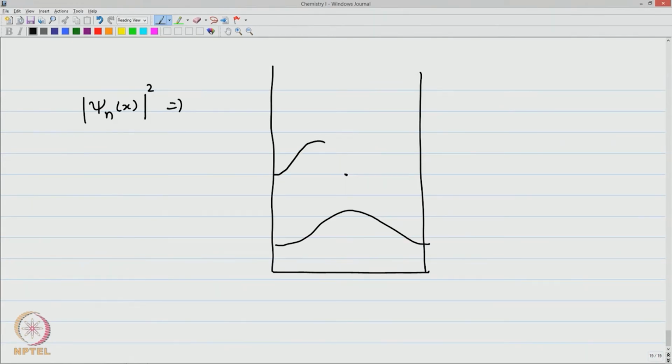So, the square of the function gave something like that, 2 nodes. So, there is one maximum, another maximum here, there is one more maximum here, and this is for n equal to 2, and for n equal to 3, of course, you will have 3 of these, and for n equal to 4 you will have 4 of these, and so on. The problem asks you to calculate this maxima in a formal way.